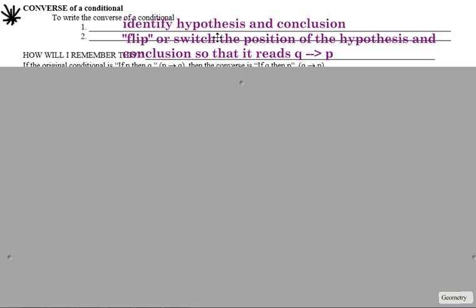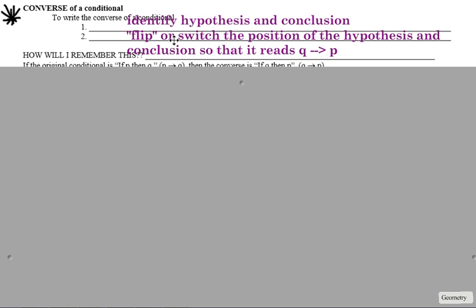So we've already done that by establishing the hypothesis will be your P and the conclusion will be your Q. And then we are going to flip or switch the position of the hypothesis and the conclusion so that it reads Q then P, or if Q then P.